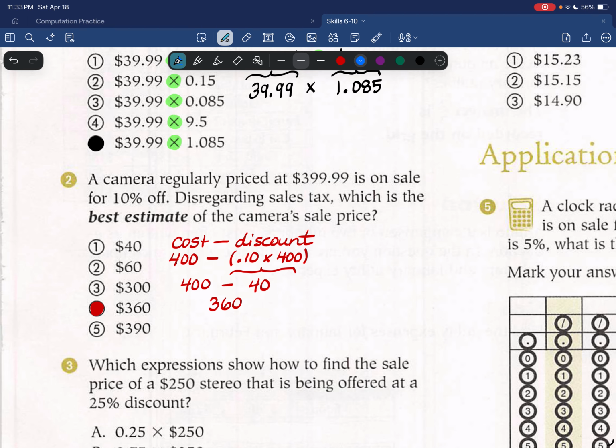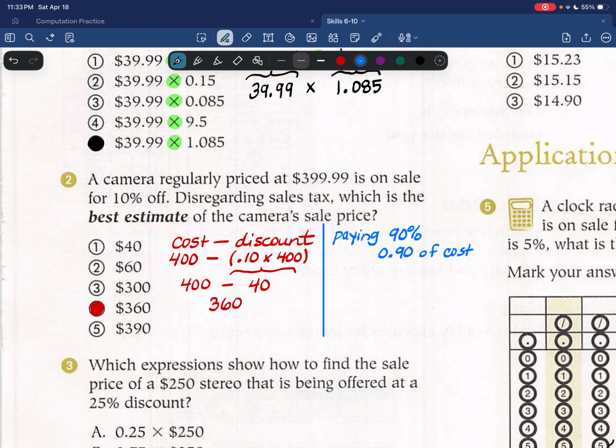Here's another way to do it. It's that alternate way where you're using, let me think how best to explain this. If you're saving 10%, you're paying 90%, or 0.90, 90% of the original cost.